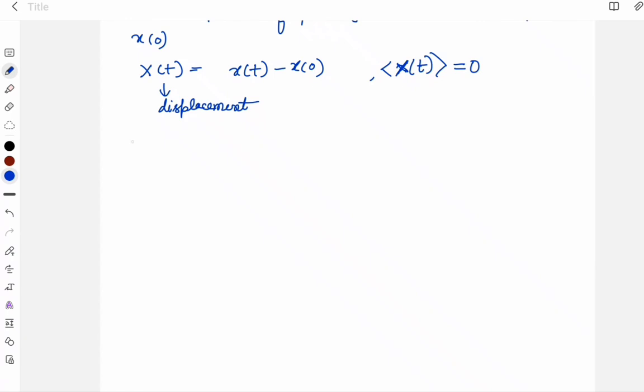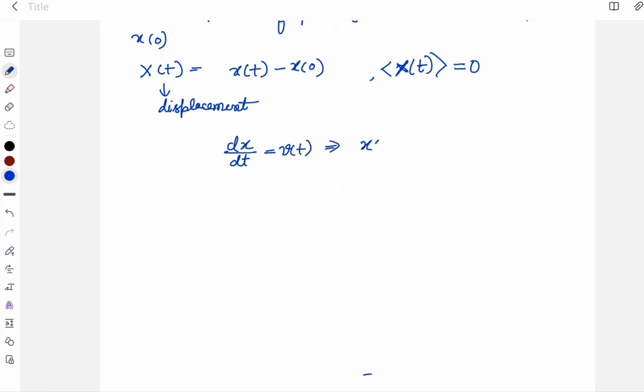So what is x of t actually? x of t minus x0 is nothing but the integral from 0 to t, because dx by dt is v of t.